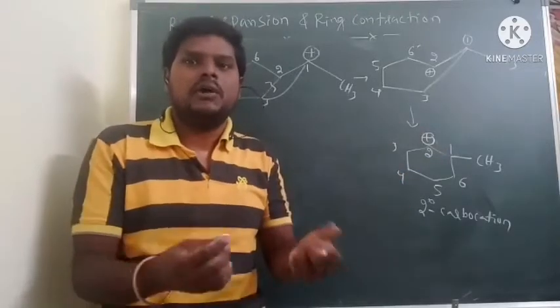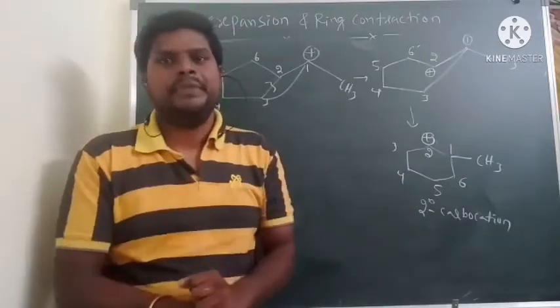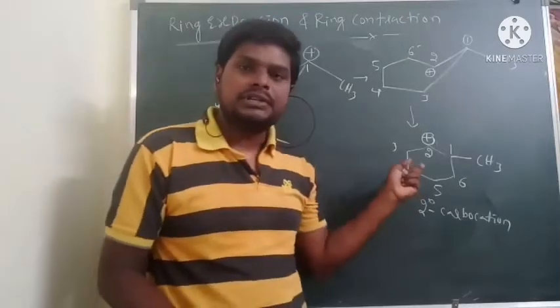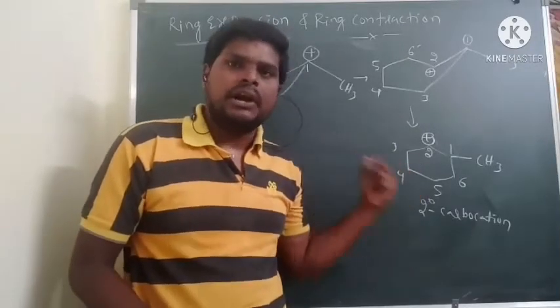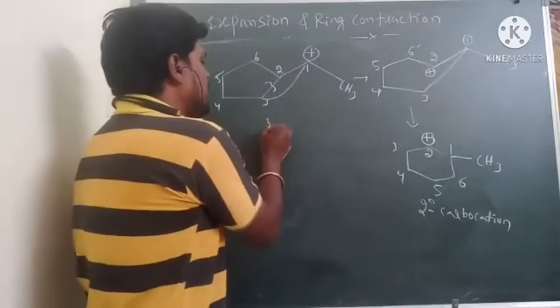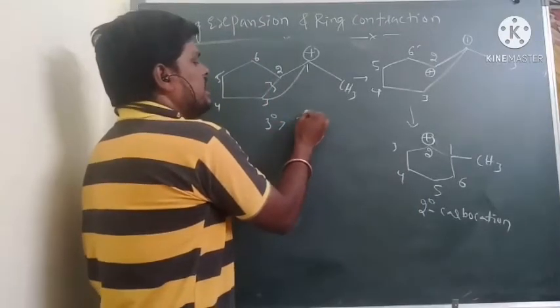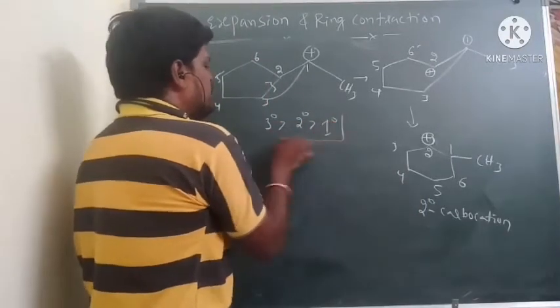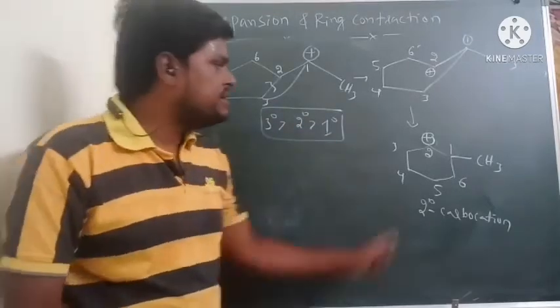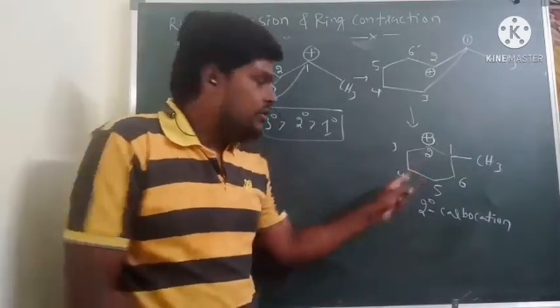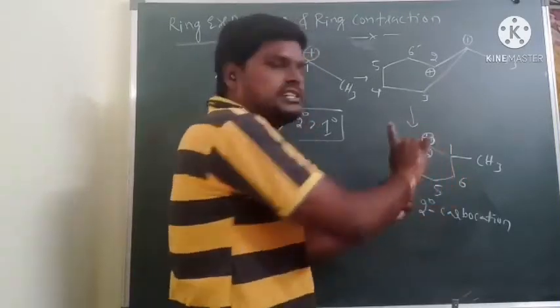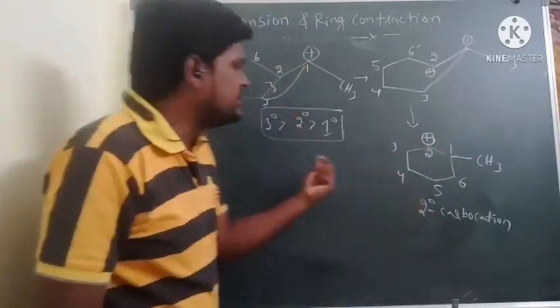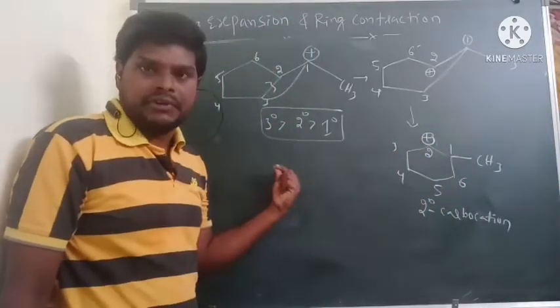We know that for carbocations, tertiary is more stable than secondary, then primary, right? But this is a secondary carbocation. If you rearrange this cyclic structure, you will get a tertiary carbocation of the ring.